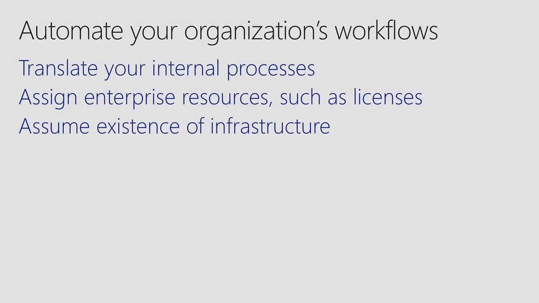Okay, so as I said, one of the big goals of Graph is to really just make these things as simple and easy as possible to help drive down the cost of automating a lot of your internal processes. We all know that when you do things manually, you may even have a checklist of things that have to be done to provision a site or add a user to a specific group of employees.